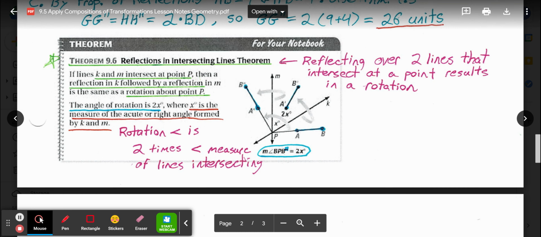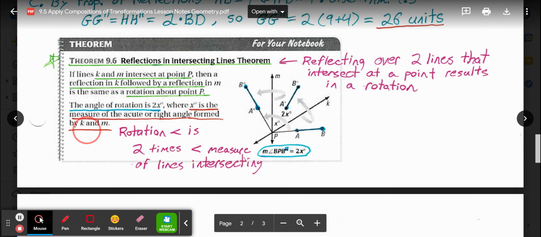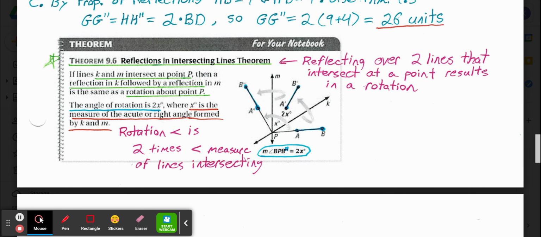Here's the key piece. The angle of rotation is represented by 2x, where x is the measure of the acute or right angle formed by lines K and M. So, our angle of rotation is 2 times the angle measure of the lines intersecting.